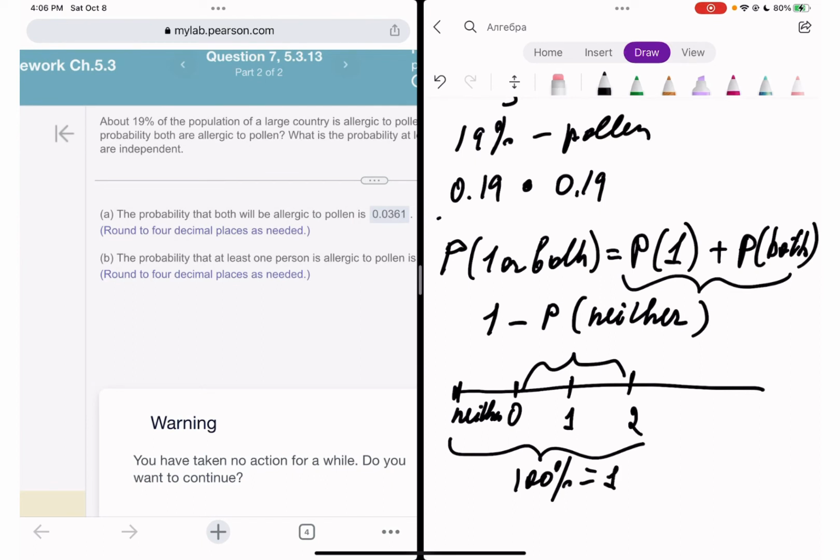So to find this piece, either 1 or 2, what we have to take? We have to take the whole thing, and minus probability of neither, right? Okay? And that's exactly what we are doing. And we will get either one or more.